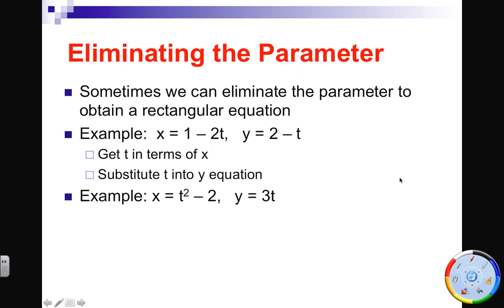Same idea. I want to eliminate the parameter. So for us, let's just keep going with the same theme here. Let's get t by itself with the x. So I get t squared equals x plus 2. I get t is equal to plus or minus the square root of x plus 2.